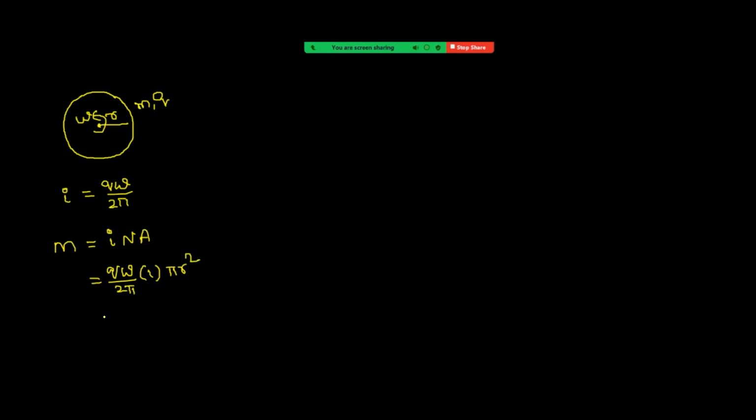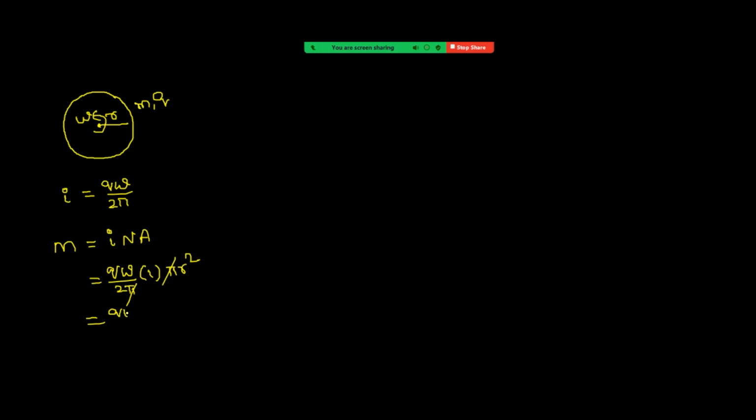It is a particle moving in a circular path. Radius is r, mass m, charge q, given angular velocity omega. For a particle moving in a circular path, current is again q omega by 2 pi. Next, magnetic dipole moment is I into N into A. I value is q omega by 2 pi, N value is 1, area is pi r square.